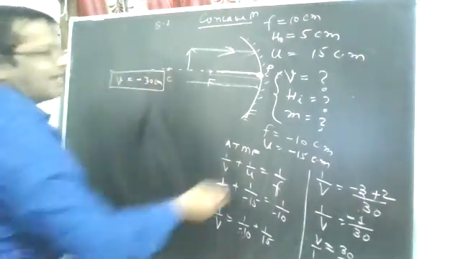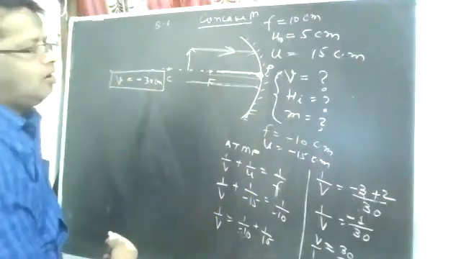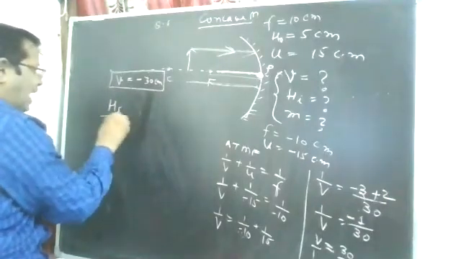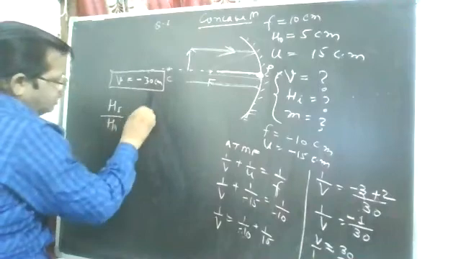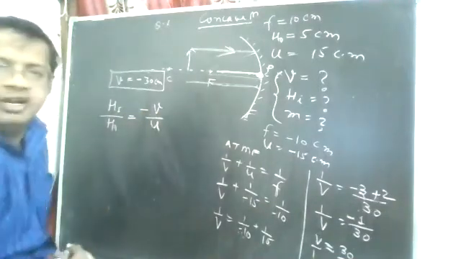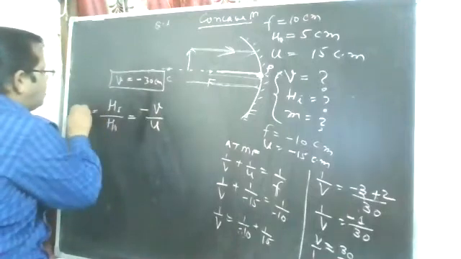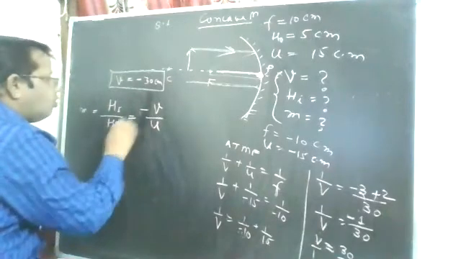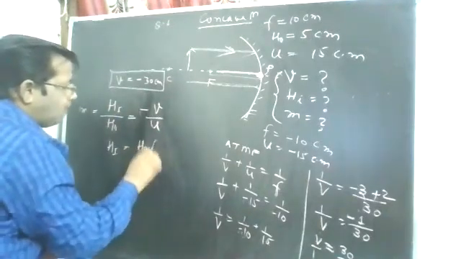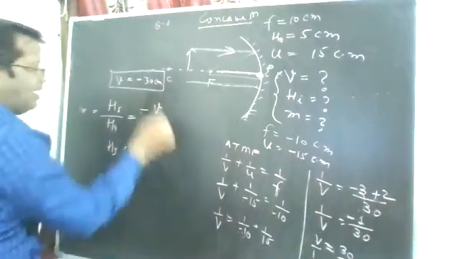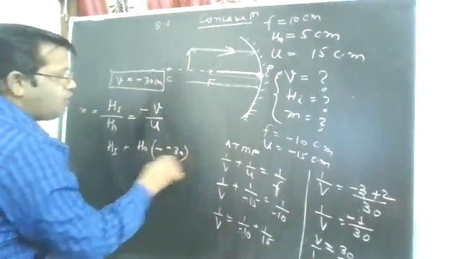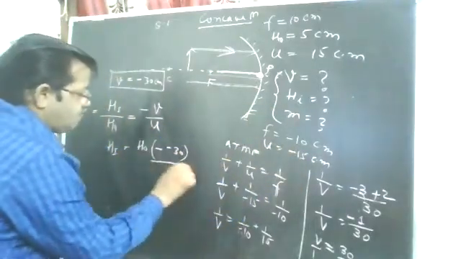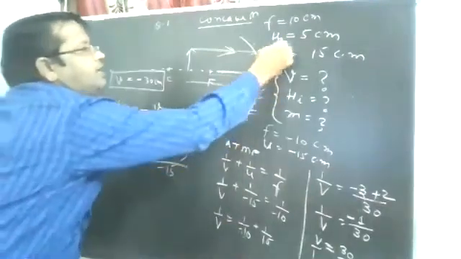Now the second term is the height of the image. You know this formula: height of image by height of object is equal to minus v by u. Yesterday we derived this, and it is known as magnification. Height of image is equal to height of object into minus v by u. v is minus 30, u is minus 15, and the height of the object is 5 centimeter.